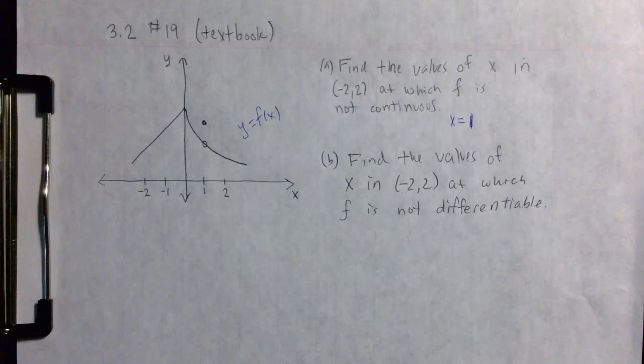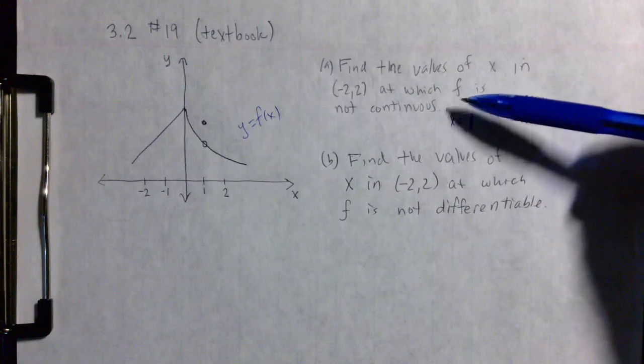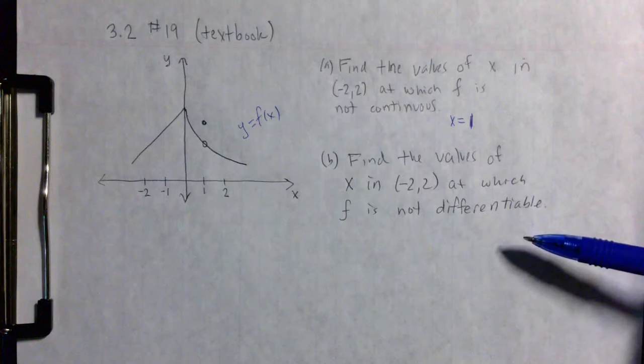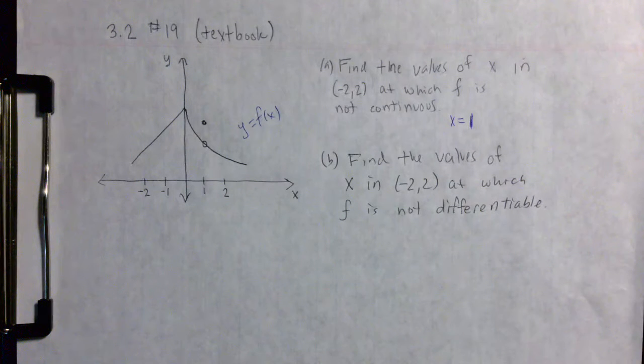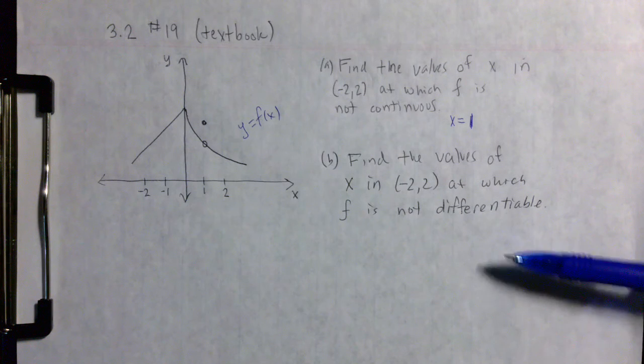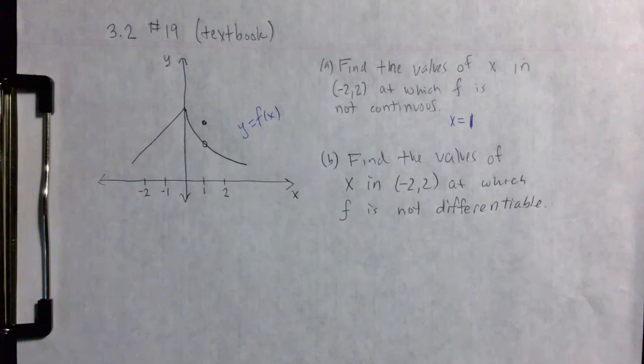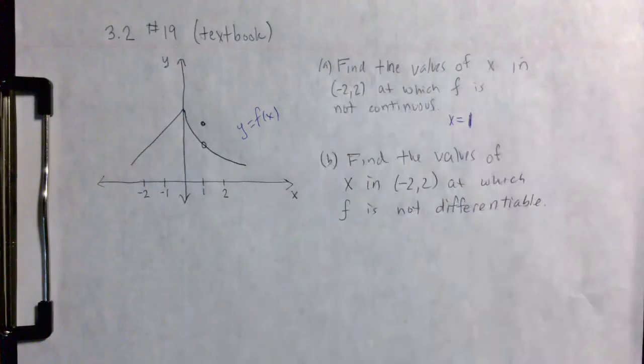Okay, now the concept of differentiability is different from the concept of continuity, although there is a connection there. Anytime a function is discontinuous at a point, it's also not differentiable at that point. But it is possible to fail to be differentiable but still be continuous.